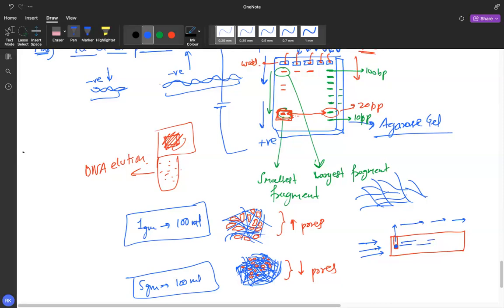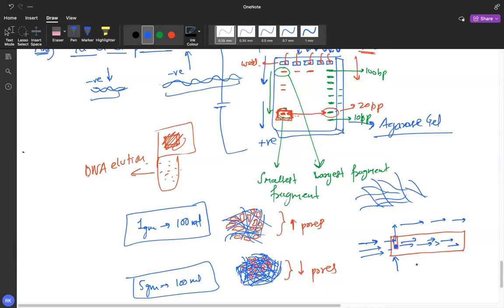They cannot be pushed up because the electromotive force is in this direction. If the force was from here, they could have been pushed out of the well. But since it is not, they will be pushed like this. So the only option they have is to go through the mesh. That's why we make the well, to contain it within that gel. Does it make sense, everyone?